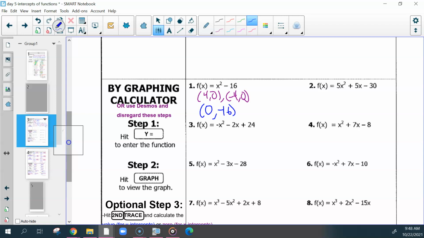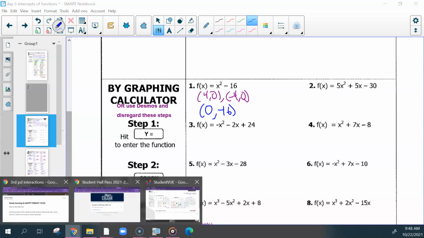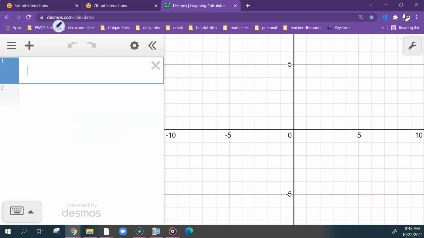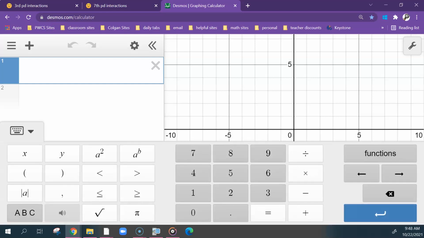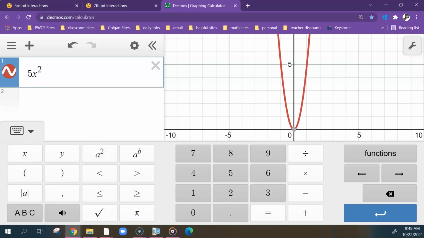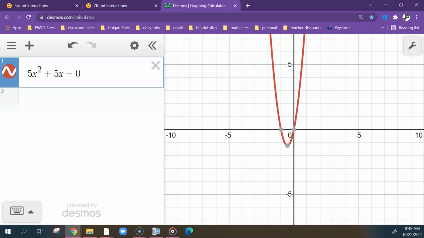I'm going to put number 2 into Desmos. You can put in the f of x or leave it off. 5x squared plus 1x minus 3. You may need to zoom in.